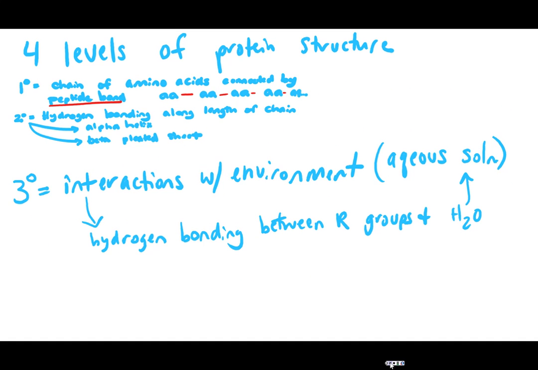Now the tertiary structure is where we start to see the play between those R groups and the environment. Now our environment of our cell is an aqueous-based solution, and this term aqueous means water-based. Now remember, water is polar, and it's our universal solvent.